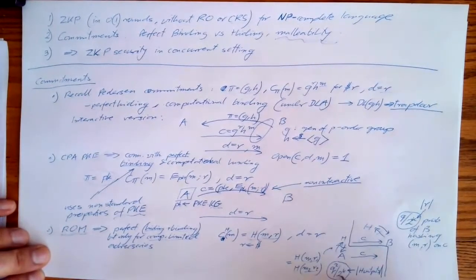In SHA-256, this is 2 to the 256. So even if the number of queries is 2 to the 60, you get 2 to the 120 over 2 to the 256. So that's good.